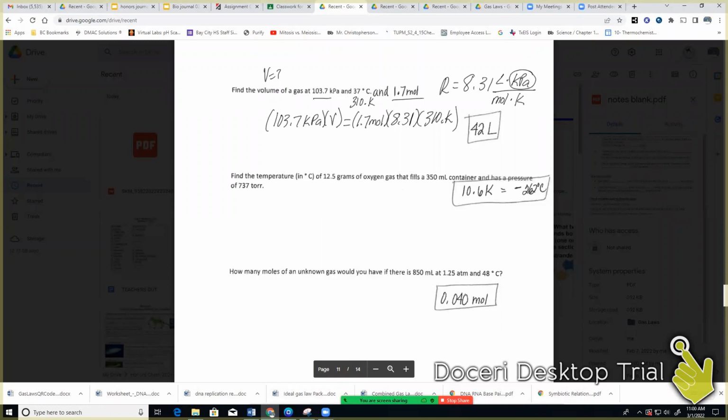I need this V by itself, so I need to divide each side by 103.7. That cancels, and then this is what should go in your calculator. And because of that 1.7, my answer will only have 2 sig figs.